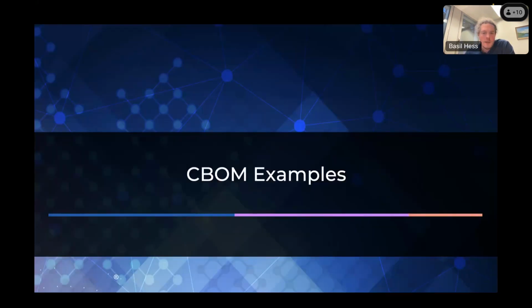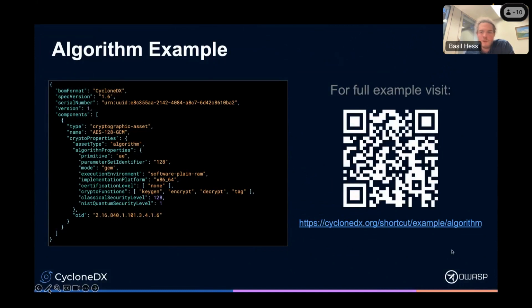So next, yeah, we have a couple of examples that I will just briefly go over. There are some QR codes here where this example can also be viewed. I mean, here is an example of an algorithm, right?